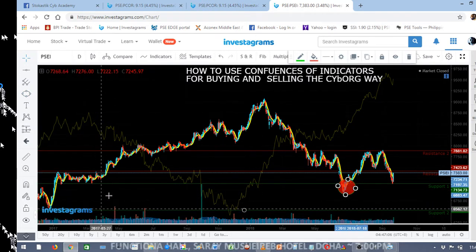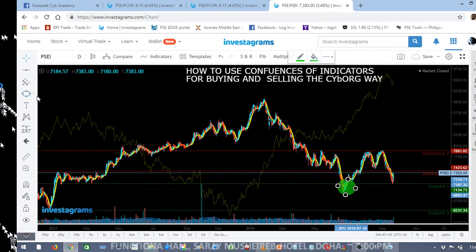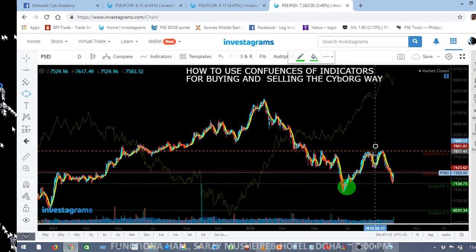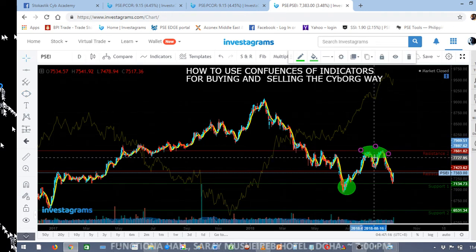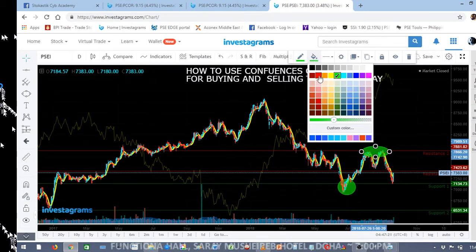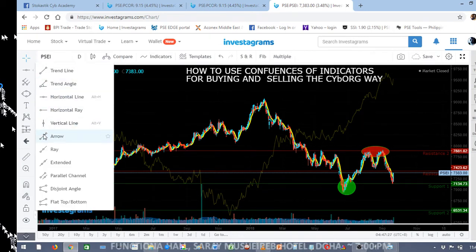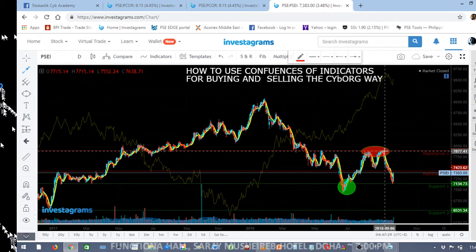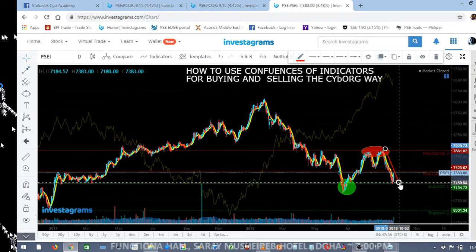So by mere looking at the chart, you can have your buy entry always on the support level, and you can execute your sell entry always on the resistance level, because a certain stock will likely fall down. In this particular case, from resistance 2, the PSEI stock went down abruptly to level 1.